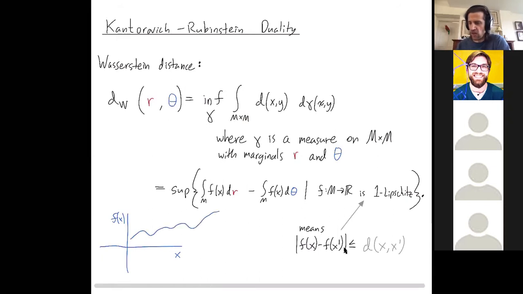The distance in outputs between two points would never be more than the distance between the inputs. If, by contrast, you had a function that had slope like 3, then it wouldn't be one-Lipschitz, because the distance between two inputs could be 1, and the distance between the outputs could be 3.